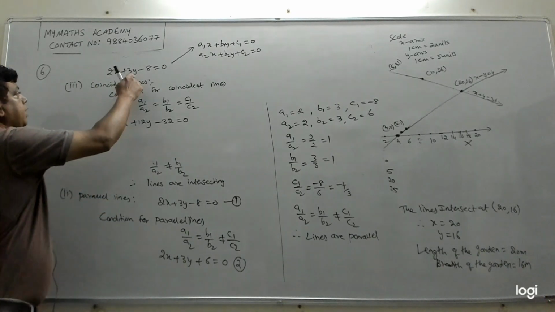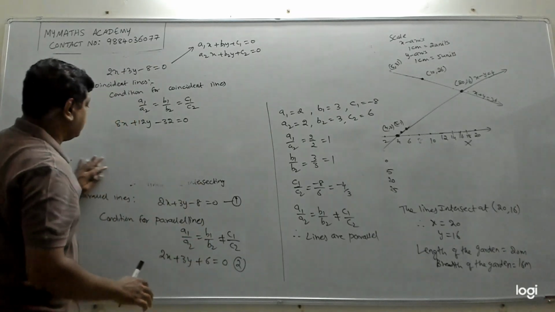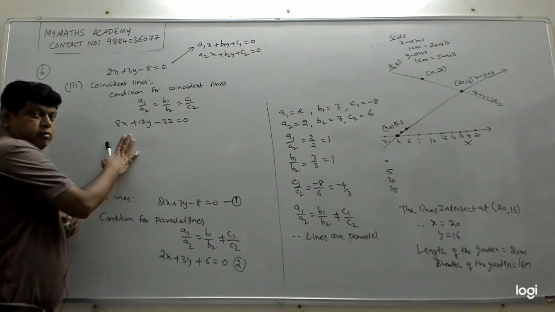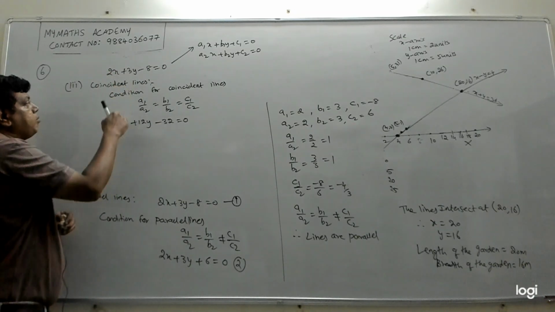Multiply each term by any number. Now this is the required linear equation in two variables such that this and this will form coincident lines.